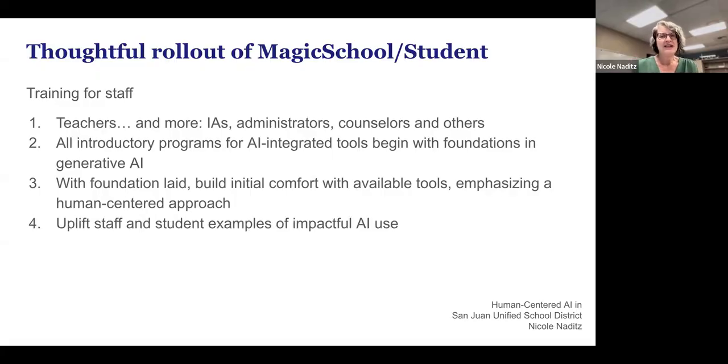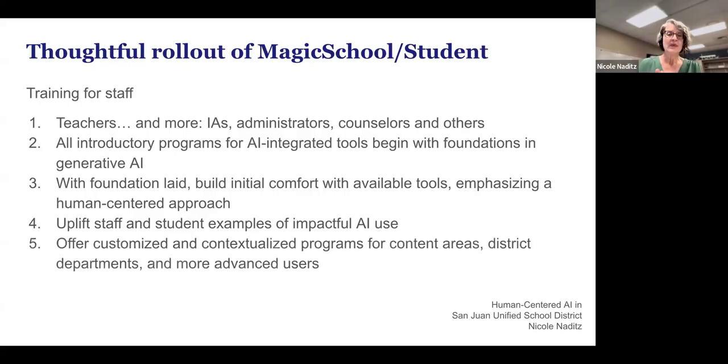Part of the work we're also doing in this rollout is really uplifting staff examples and student examples of how AI is impacting them because of their ability to use it thoughtfully and intentionally. And so that helps me share concrete examples of what it's looking like for our school district to use generative AI in meaningful ways.